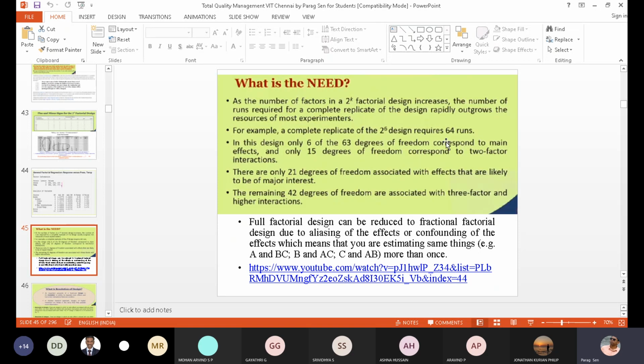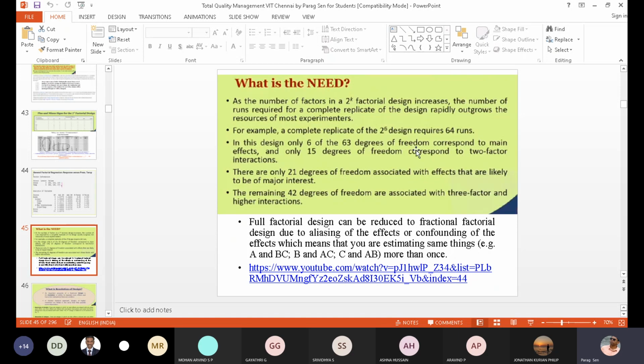If you want to conduct a full factorial design for 2 to the power 6, there will be 64 runs or 64 observations, so automatically the degrees of freedom will be 64 minus 1, which is 63.